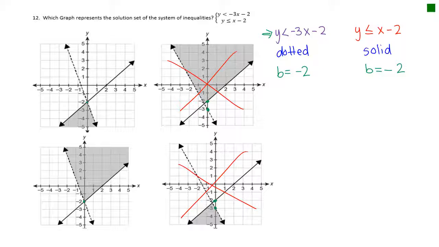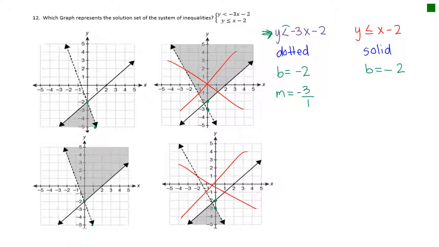For this one up here, our slope is -3/1, so let's make sure the lines are correct. We would go down 3, 1, 2, 3, to the right 1. This one works. Down 1, 2, 3, and to the right 1. This one works here. Now let's check our shading.